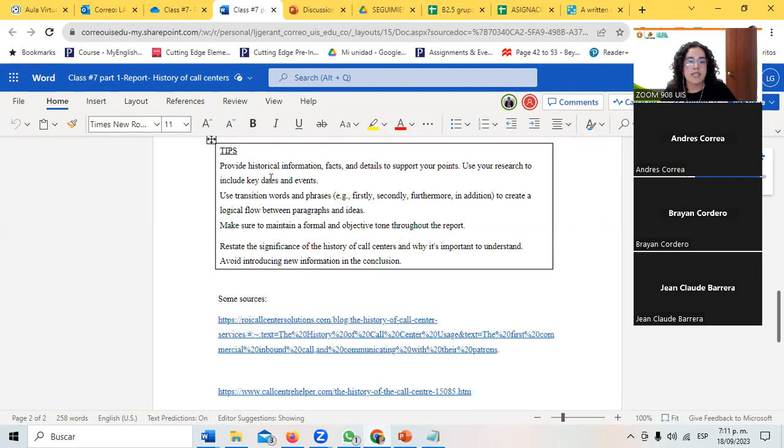Some tips. Provide historical information, some facts, details to support your points. Use transition words like first, second, furthermore, in addition. Maintain an objective tone throughout the report. This is just to restate, es parafrasear lo que dijimos en la introducción, en la conclusión. Restate the history of call centers and why it's important to understand this topic, and avoid including new information in the conclusion.